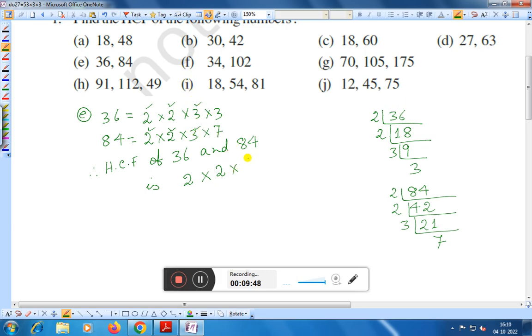Therefore, the answer is 2 times 2 is 4, 4 times 3 is 12. Therefore, the HCF of 36 and 84 is 12.